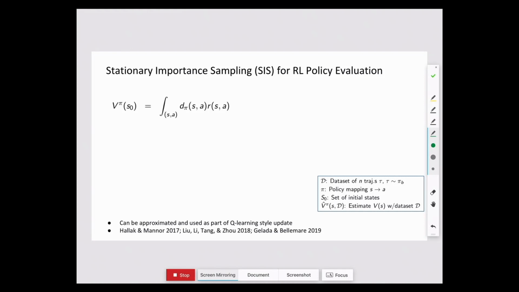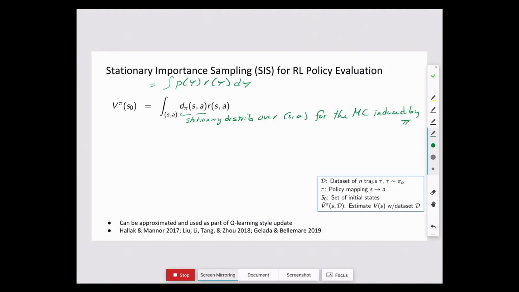The insight is that what we had before was that it was equal to the probability of a trajectory times the reward of a trajectory. But an alternative way to think about this is that it is a weighted sum over the stationary distribution over states and actions for the Markov chain induced by pi.